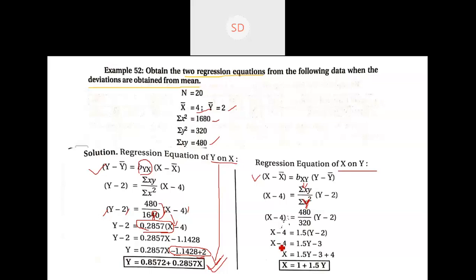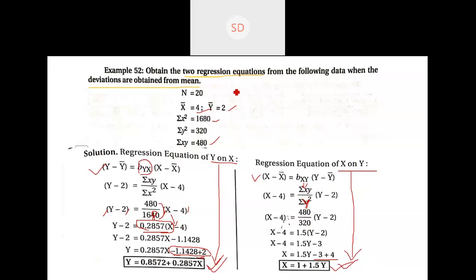Then this minus 4 I am taking on to the other side, which will become a plus 4. So x is equal to 1.5y minus 3 plus 4. So minus 3 and plus 4 is plus 1. So x is equal to 1 plus 1.5y. So this is the regression equation for x on y.